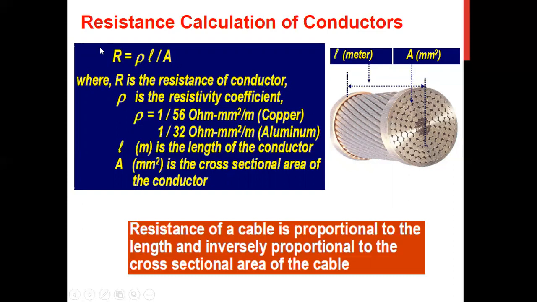Length is more, resistance value will be more, and inversely proportional to the cross-sectional area, means if it is a very thin conductor or cable, the resistance value will be more, or if the cross-sectional area is more, resistance value will be less. Depending on that, we can choose what type of cable or conductor we will use.